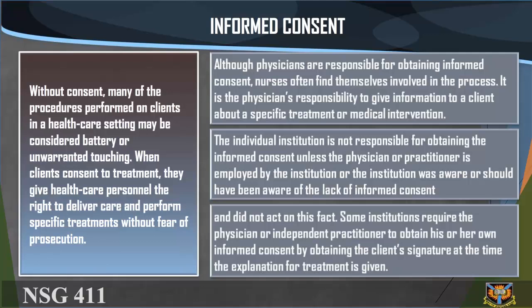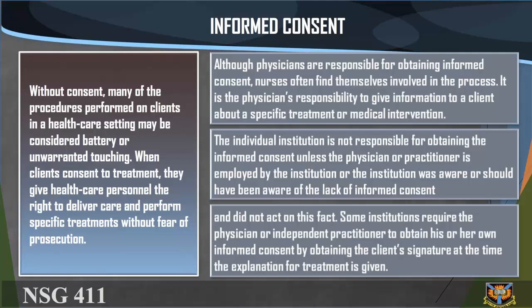It is the physician's responsibility to give information to a client about a specific treatment or medical intervention. The individual institution is not responsible for obtaining the informed consent unless the physician or practitioner is employed by the institution, or the institution was aware or should have been aware of the lack of informed consent and did not act on this fact.